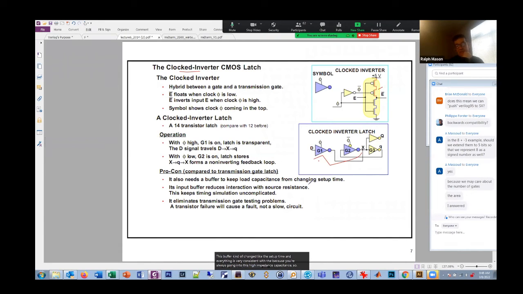With the transmission gate, the setup time changes depending on the rise and fall time because of this resistor effect. The input buffer reduces interaction with source resistors to keep the timing simulation uncomplicated. We talked about that. And it eliminates transmission gate testing problems. A transistor failure would cause a fault, not a slow circuit.